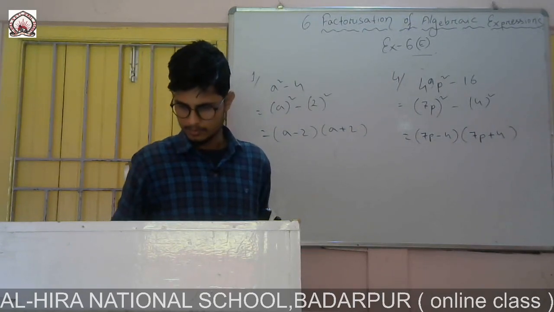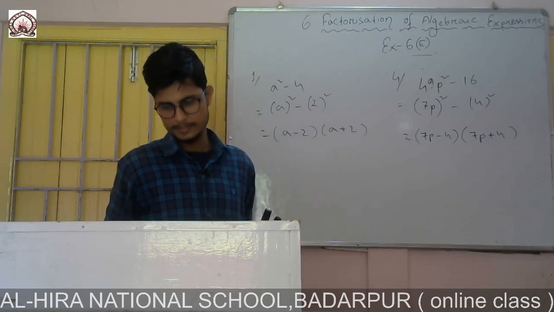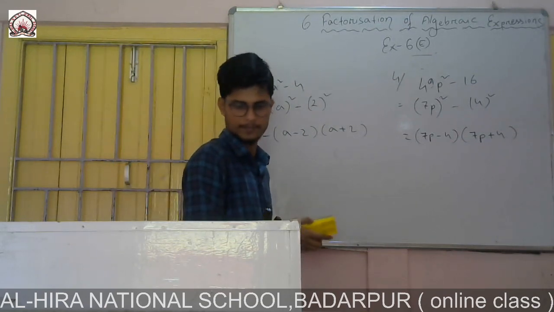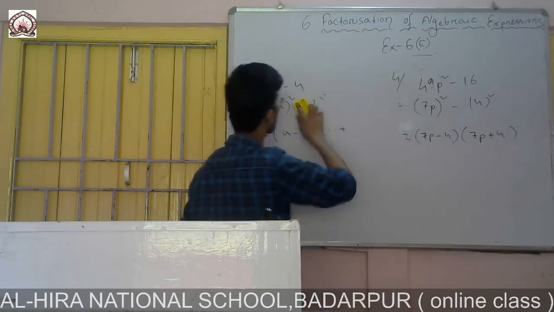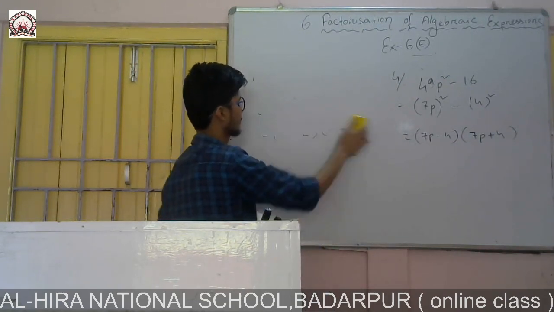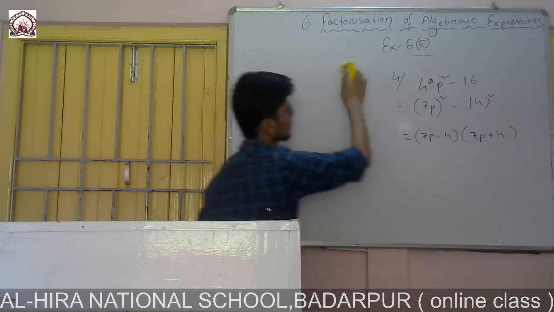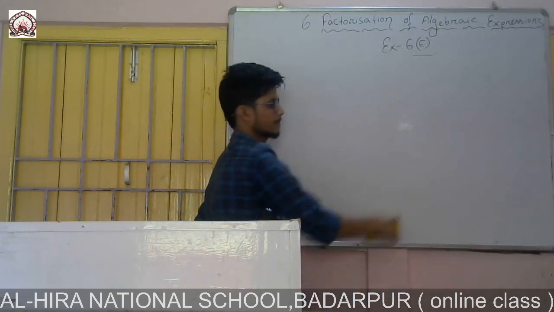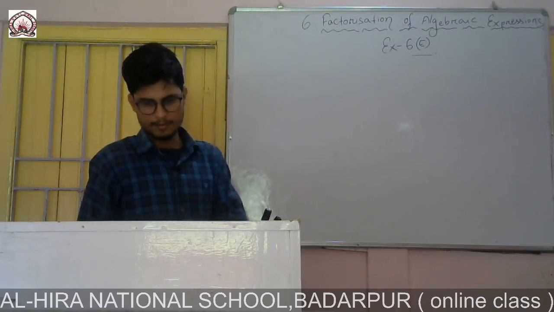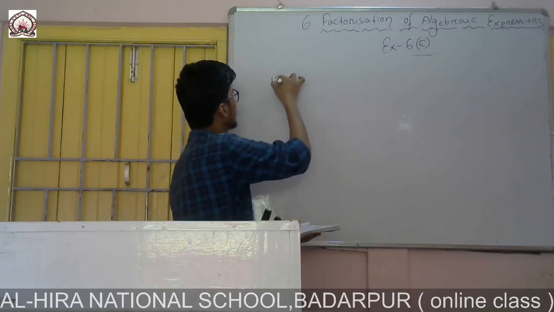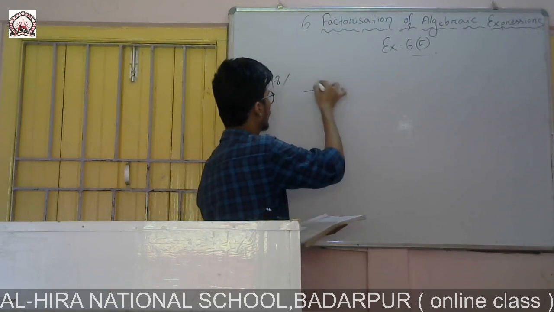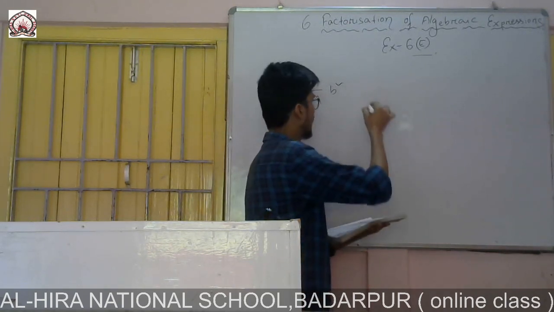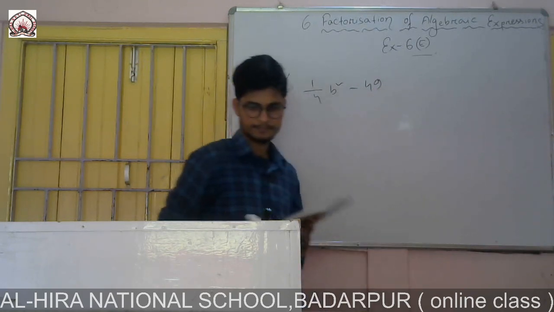Now see question number 18. Up to 17, all of these expressions are the same, so you try to solve them. Question number 18 is 1 by 4 b square minus 49.